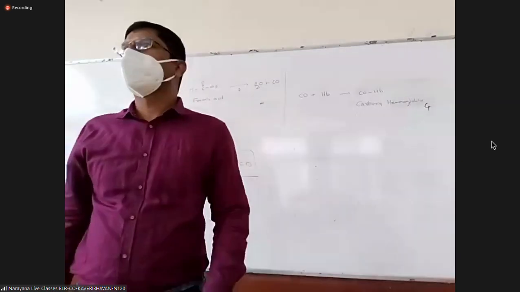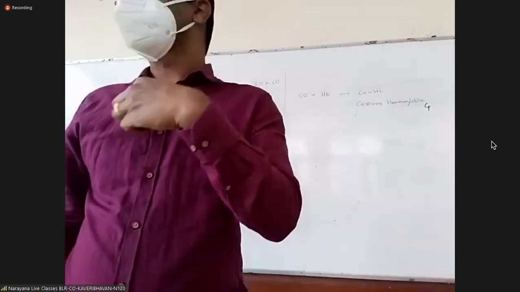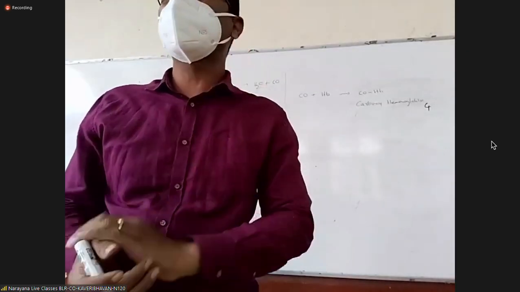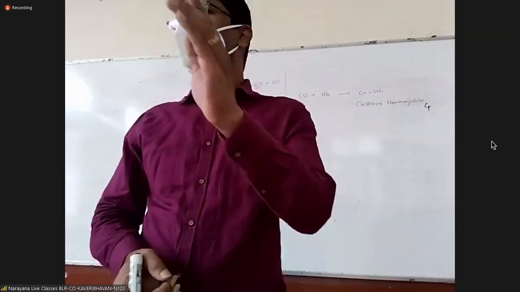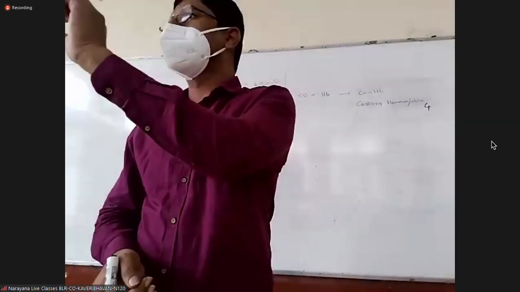First, what actually happens when we inhale air? Consider the hemoglobin present in the blood. What is the metal in hemoglobin? Not magnesium; B12 has cobalt, cyanocobalamin, and hemoglobin has iron.